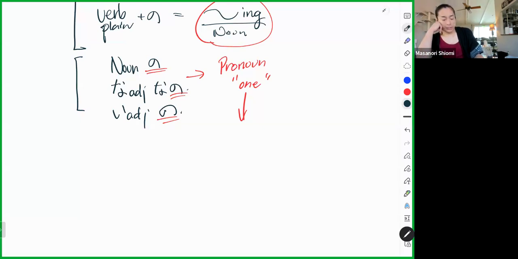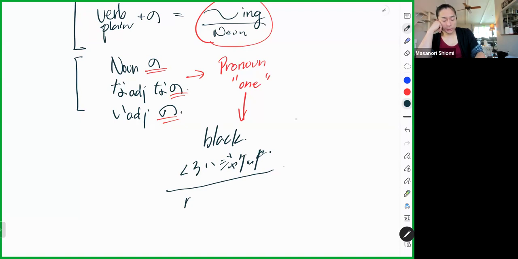Now, explain. For example, you're at a store and you want to buy some clothes. You try this black jacket. 黒いジャケット. It's good, but it's not as good. And you try the red one. You see what I said?